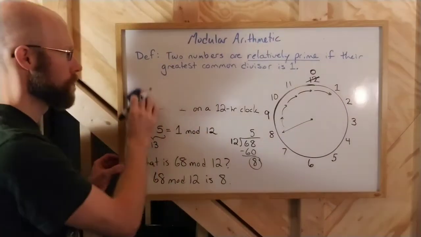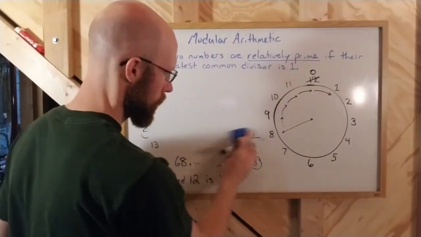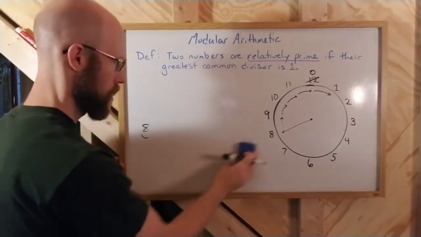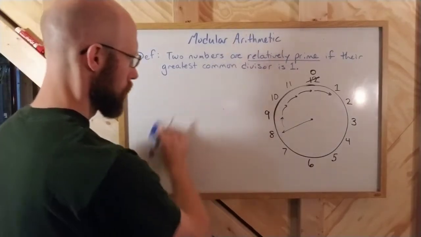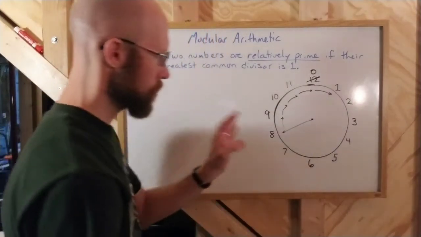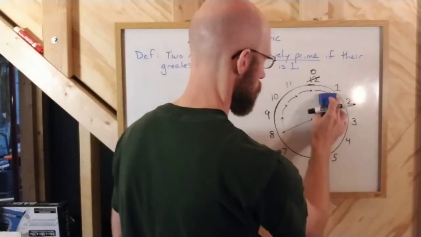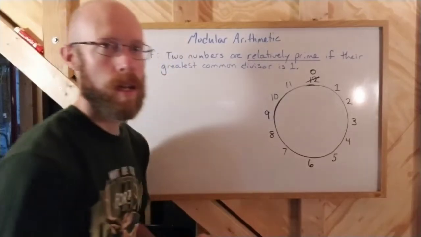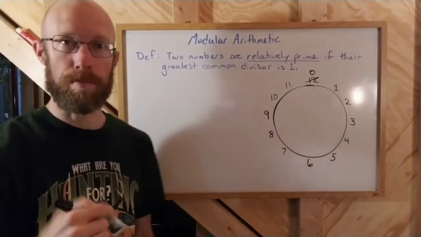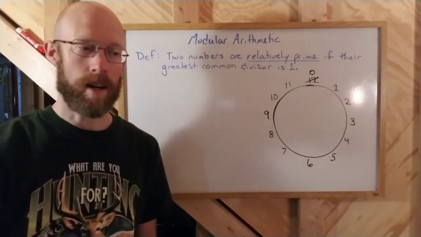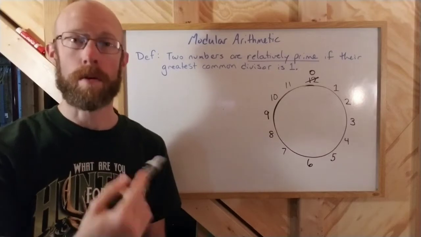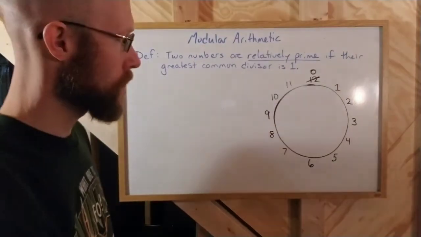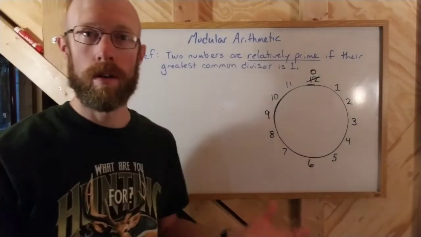All right. So let's say we stick with this clock for a moment, a 12-hour clock, and let's say we repeatedly add the same number together. Okay, so let's say I wanted to add 4, for instance.